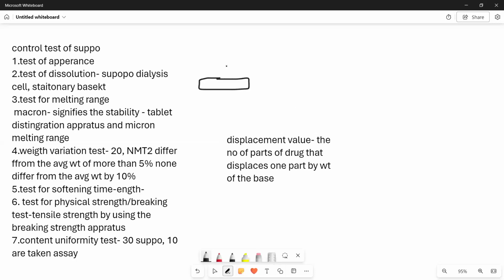Whenever we add a drug into the suppository base, the drug will displace the suppository base. How much suppository base is displaced by how many parts of drug is known as the displacement value.